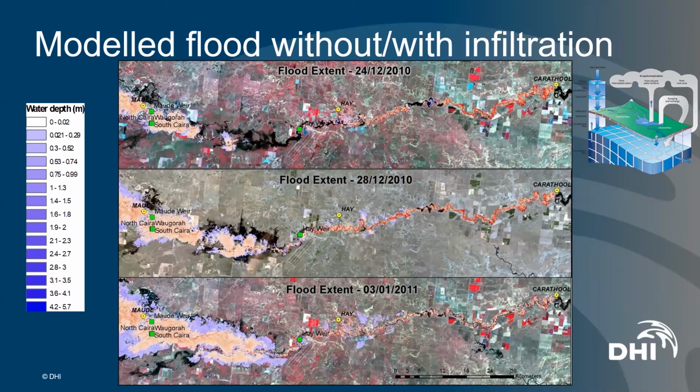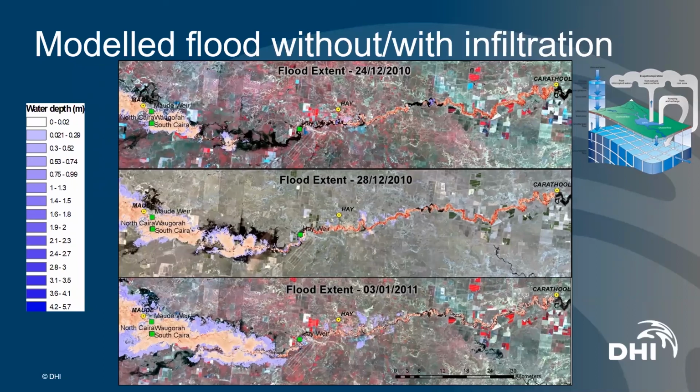You can see that, as you might expect, by including infiltration effects, we're actually reducing the flooded area, and of course that has some impact if we want to use this for modeling the wetland behavior. If we're looking at rapid urban floods on a relatively small scale, this is not necessarily important.